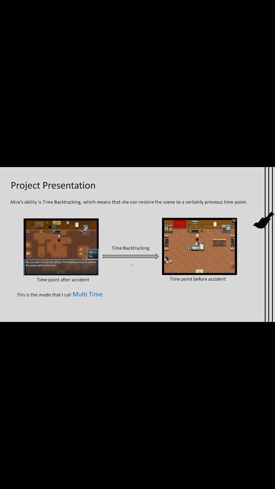They are the same thing, but at different time points. So everything in the picture is relevant but different. And Alice used her ability of time backtracking to restore the things and get some information that can be found by John.